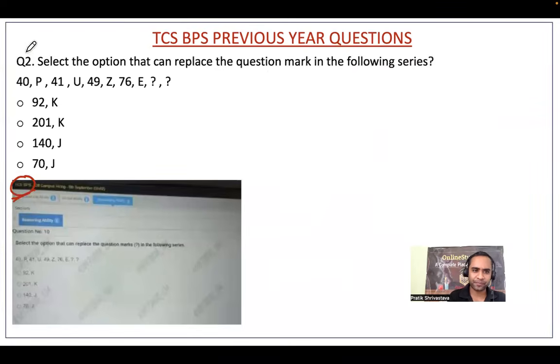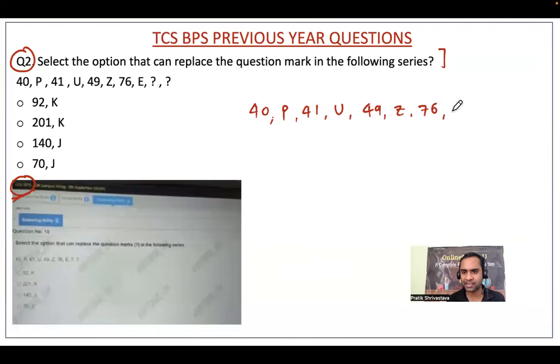Now next question. Select the option that can replace the question mark in the following series. So we have 40, P, 41, U, 49, Z, 76, E. Here again we have to understand the logic and then find out the question mark.